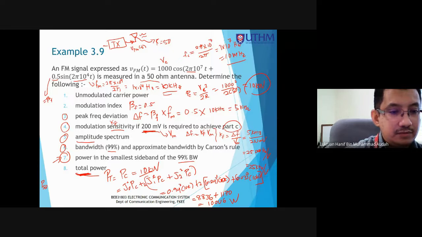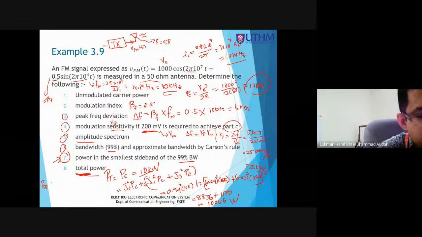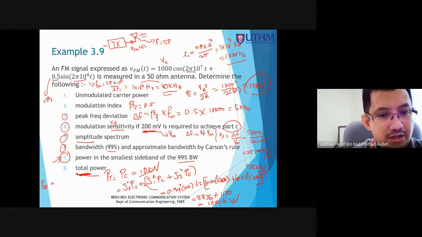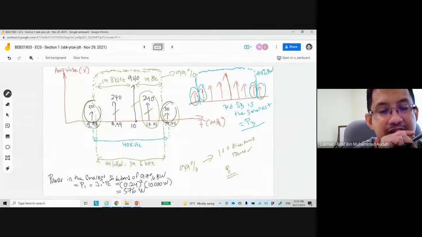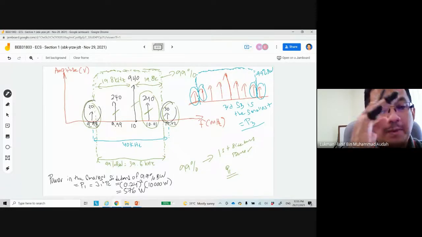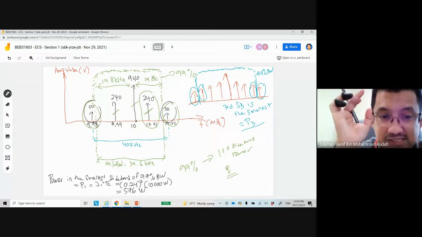Okay. So sideband power is equal to, so we calculate, remember that we have, ni gambar aja, so kita kembali kepada gambar. So kalau ditanya sideband power, bermakna saya perlu tambah semua power pada sideband sahaja.